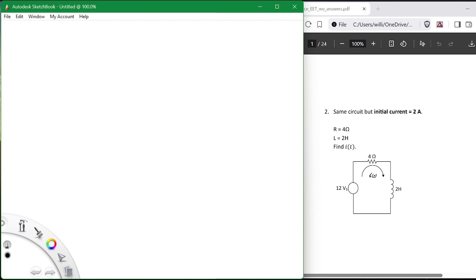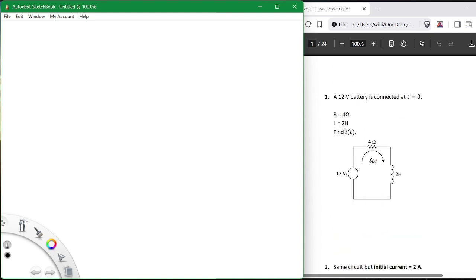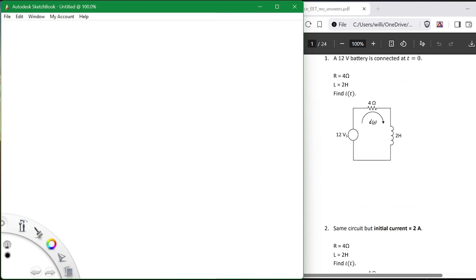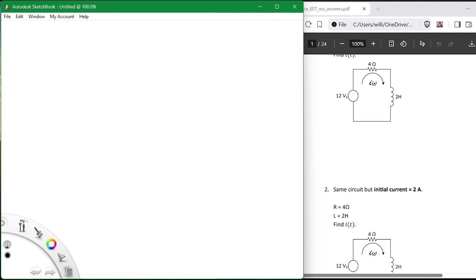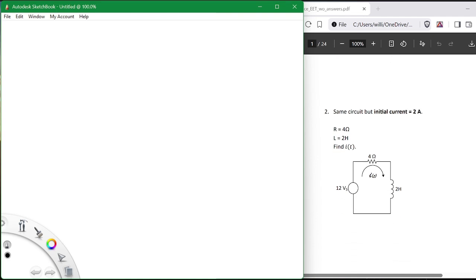Okay, so here we've got 12, and what's the last one? Oh, and now I've got an initial current. So now I've got to play the game with the initial current.